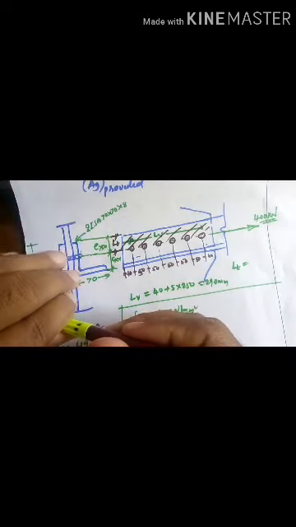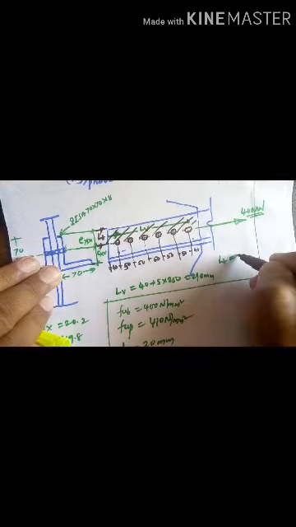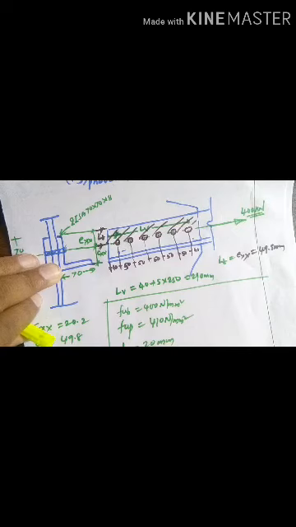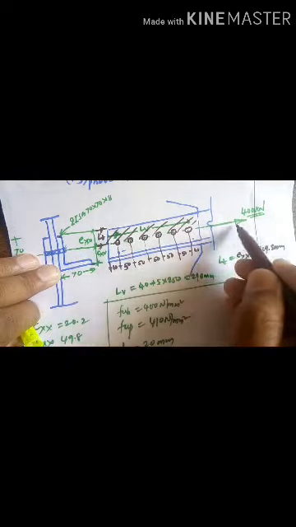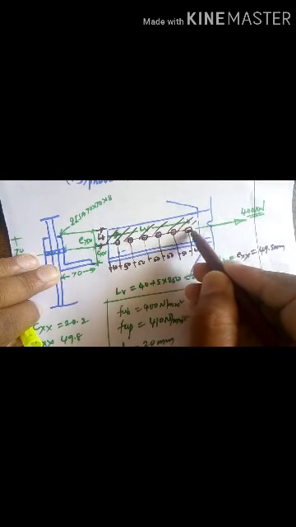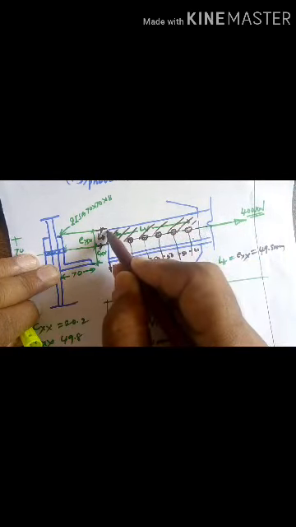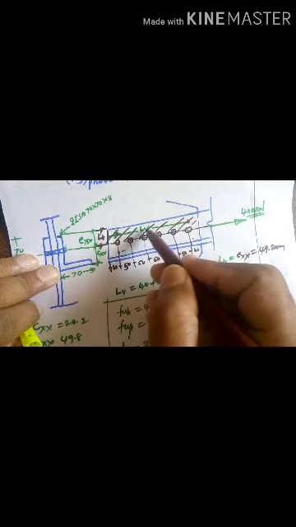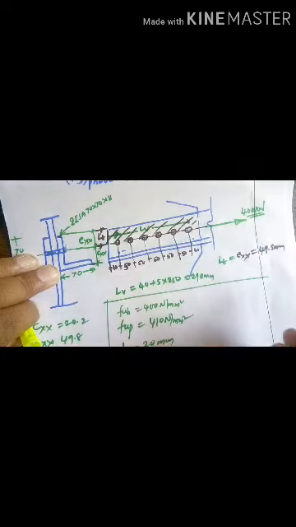Lt will be nothing but the edge distance, 49.8. Along the direction of force, or parallel to the load, whatever the area is, that is the shear area, and perpendicular to that will be the tension area. This area is to be considered as the tension area.